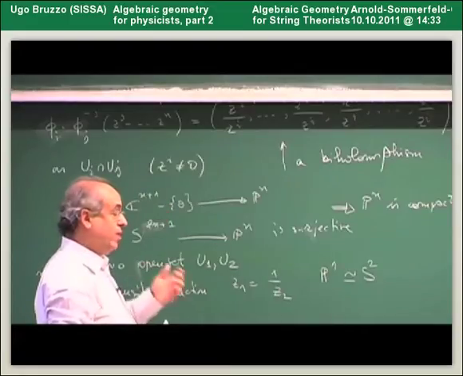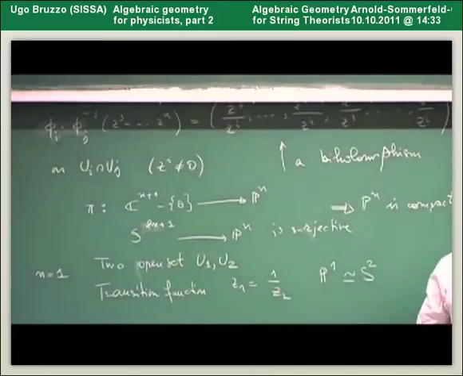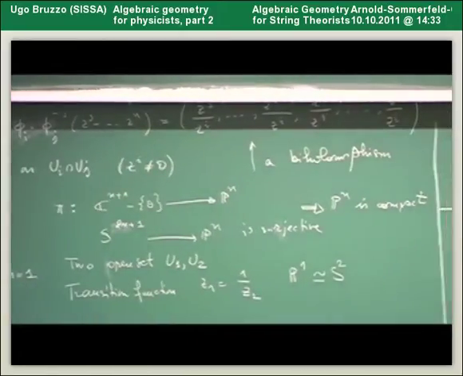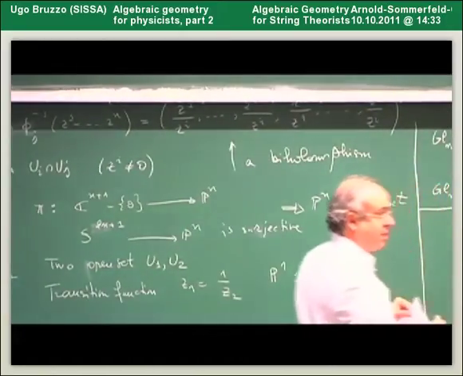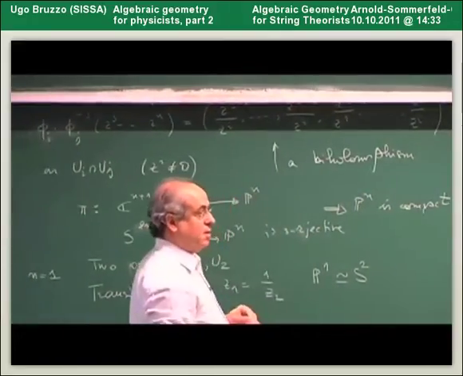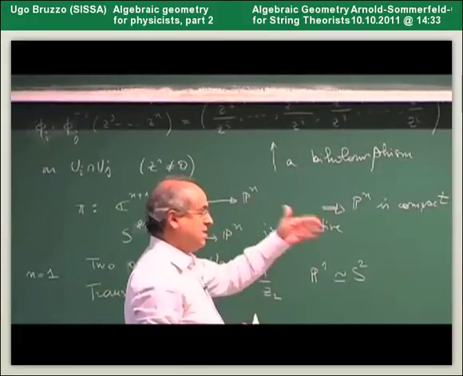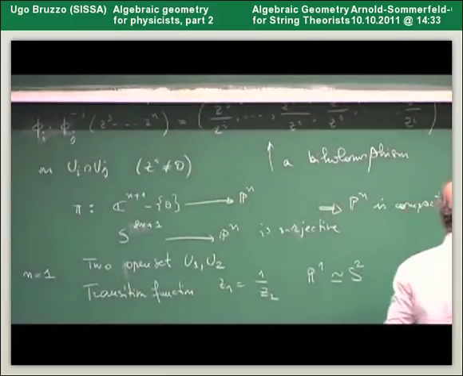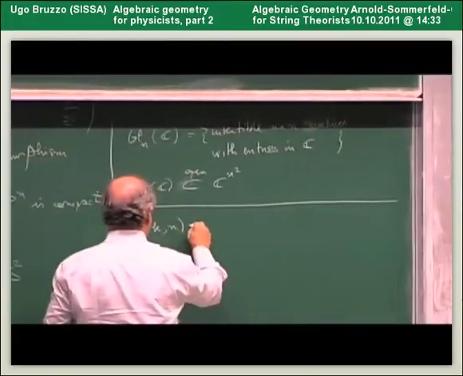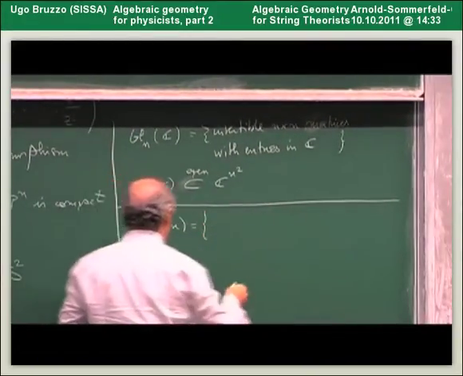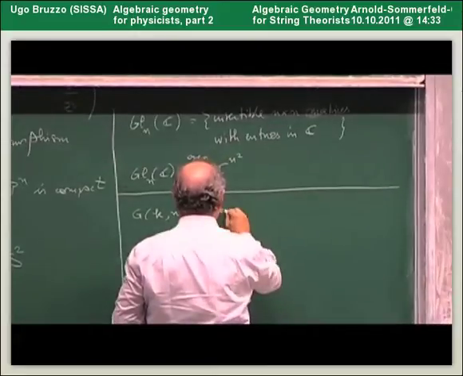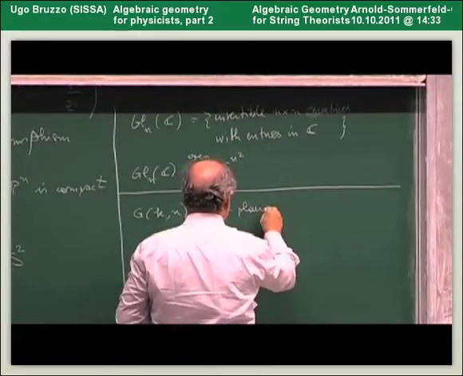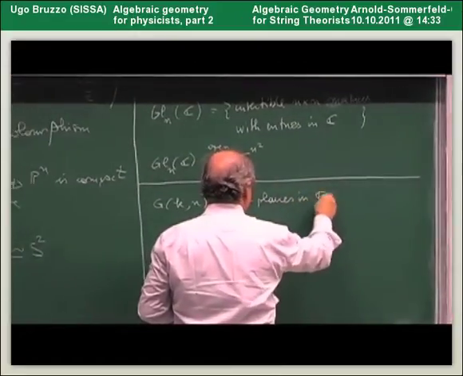And in the same way, you may think of introducing some space which parameterizes planes, vector subspaces of some dimension in Cn. So in particular, you can introduce a space G(k,n), which from a set theoretical viewpoint is the space of k planes in Cn.